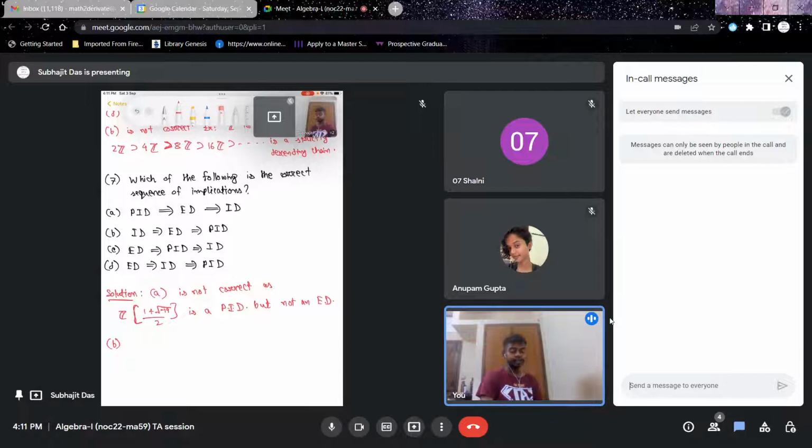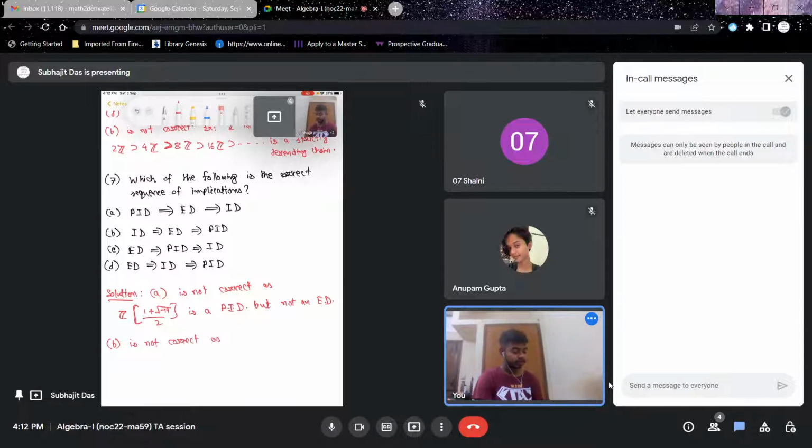So is option B correct? Every ID is a Euclidean domain, which is therefore a PID. Is option B correct? Is every integral domain a Euclidean domain? So B is not correct, right?